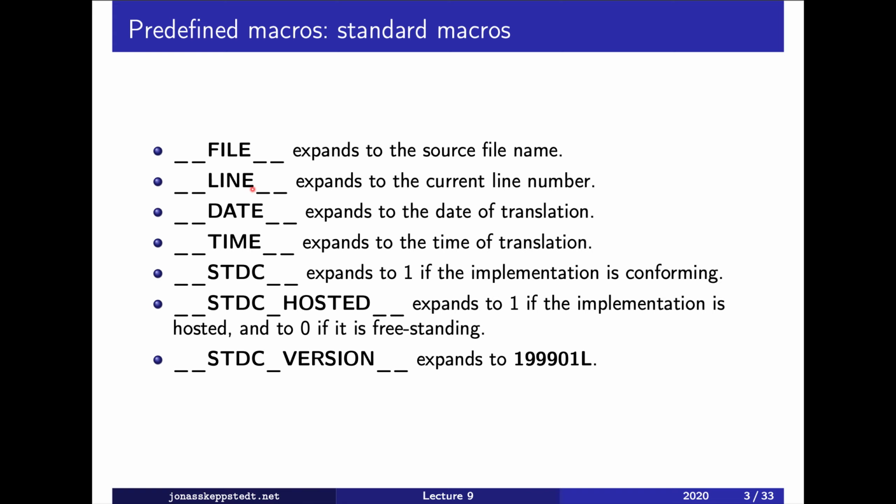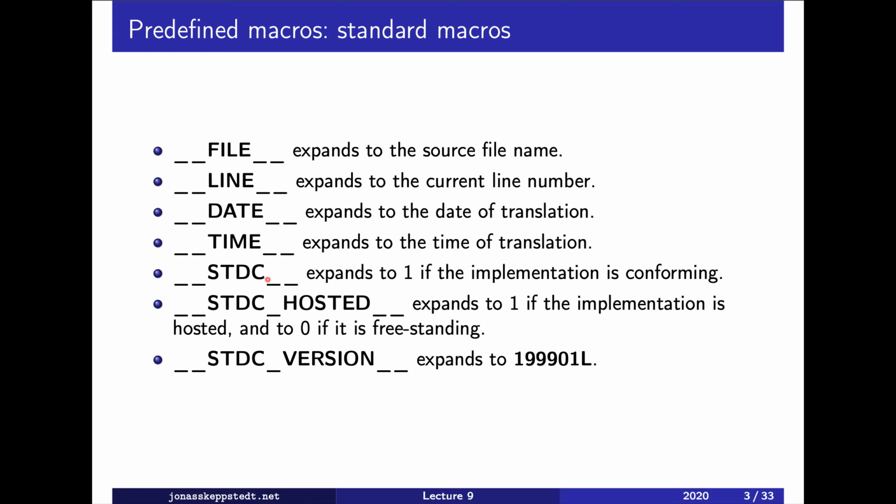The next will be replaced with a line number where this identifier was written. Date is the day and year and month when it was compiled. And time, well, that's self-explanatory.